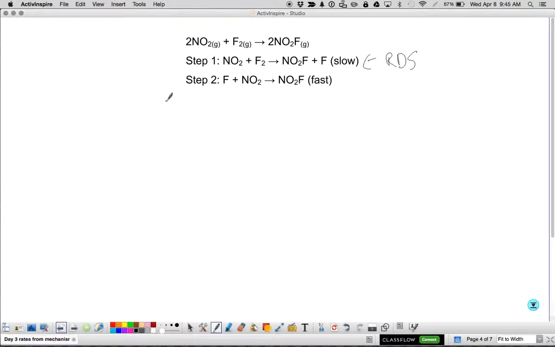So if I wanted to come up with a rate law based on just this mechanism, okay, it would be rate equals k times the concentration of NO2 to the first power, because the coefficient in front of NO2 is 1, times the concentration of F2 to the 1, because F2 also has a coefficient of 1. Okay, so the rate law for the overall reaction is really just the rate law of this slow step. And that's really all we're doing today. Okay, that's all we're adding on.